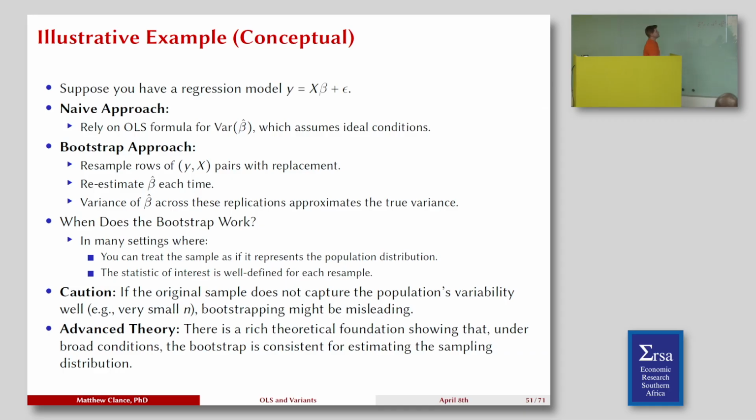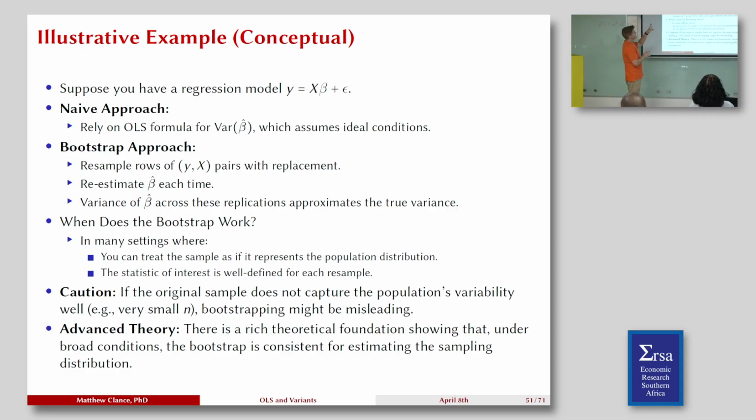Suppose we have a regression in our simple set. We're relying on the OLS variance, our standard outcomes. I'm calling it the naive approach, basically, in this case. I'm just assuming it's homoscedastic.